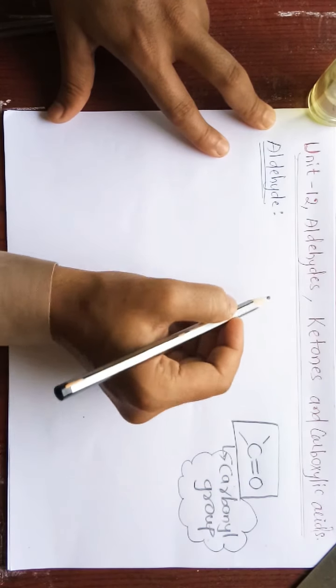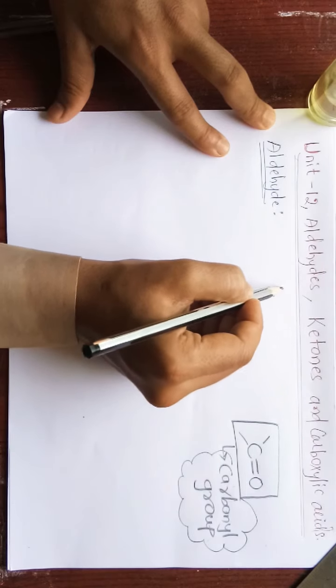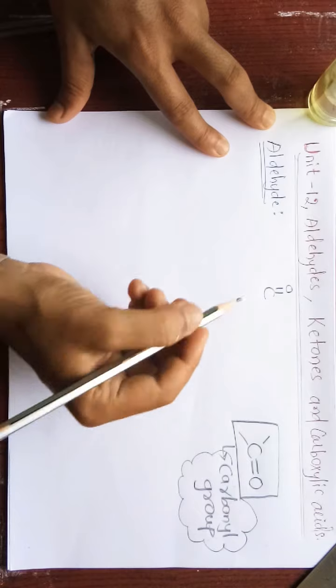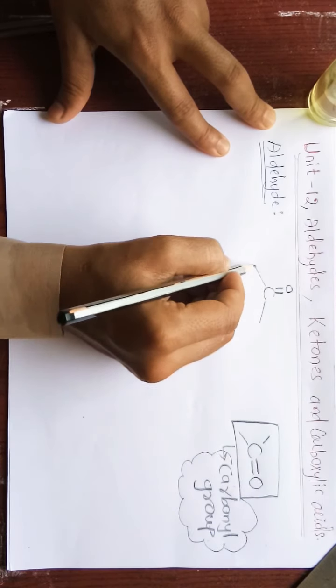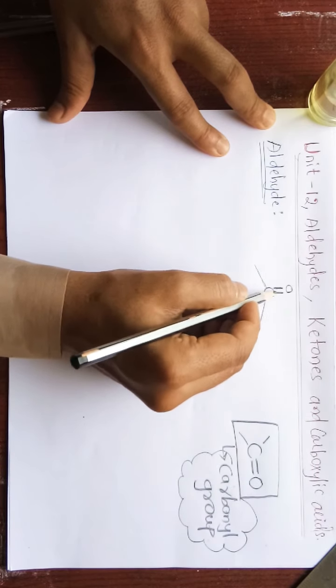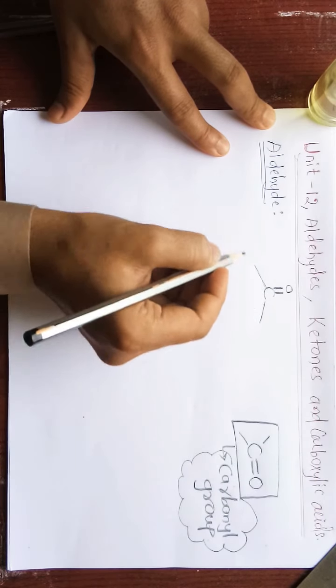Now my dear students, we will see how we can write aldehyde generally. As I said, carbon double bond oxygen. We know there are 4 valencies or 4 bonds to the carbon. Here 2 are fulfilled.